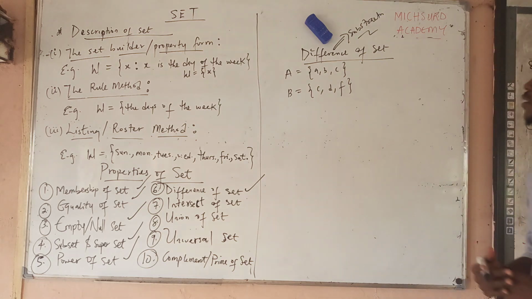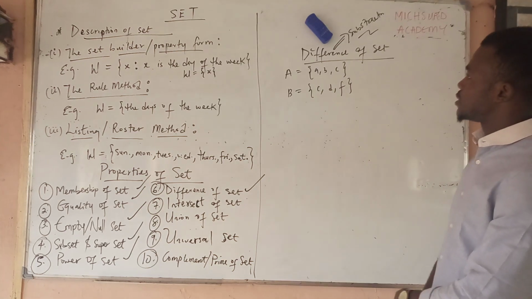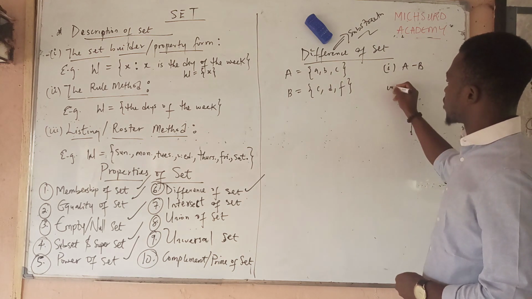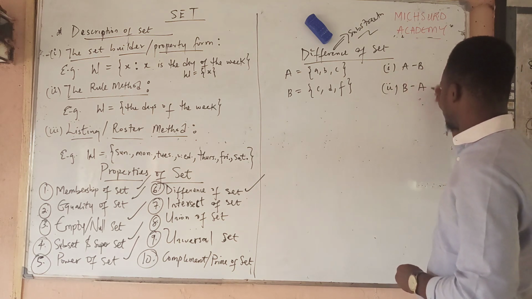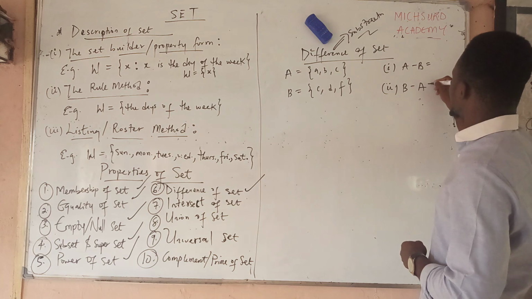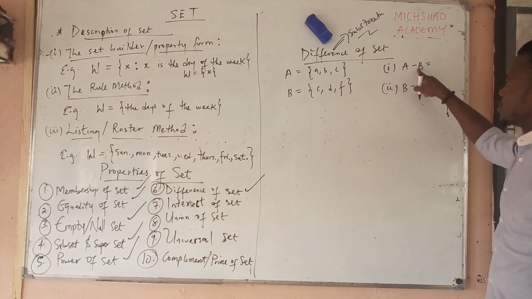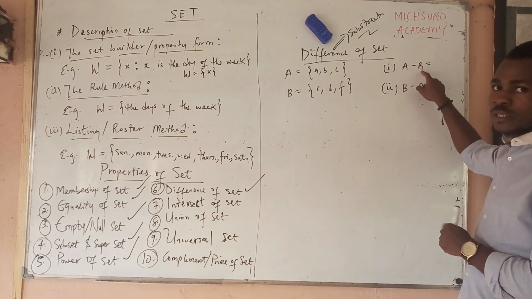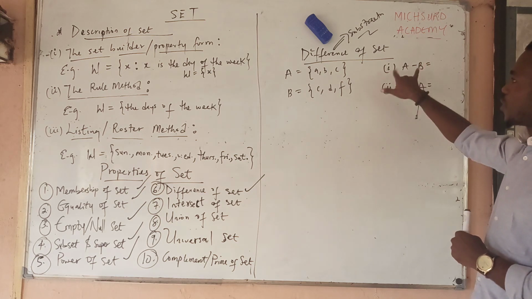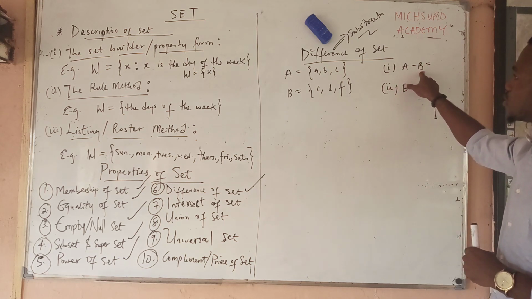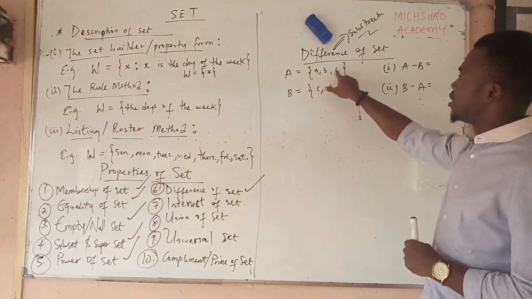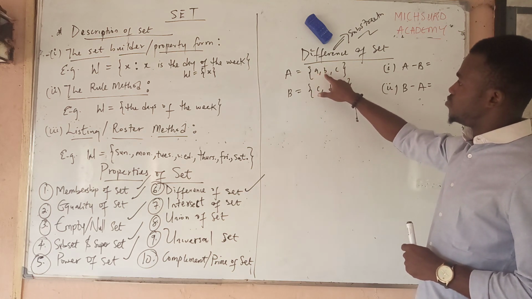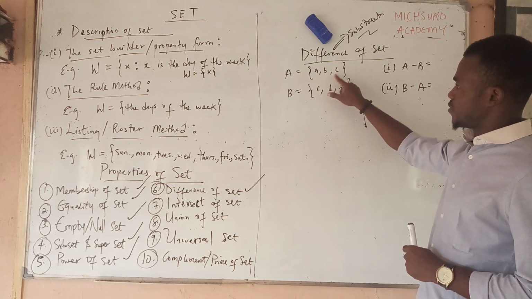Okay. Now, if we look at this set A and B, and we are asked to find A minus B, sometimes you can also be asked to find B minus A. So since we are starting with A minus B, we look at the elements that are in A, but they are not in B. Once we get that, that becomes the difference of A minus B. So we have A, B, C. The elements that are in A but not in B: we have A, B. We have C here in B, so we don't pick it.